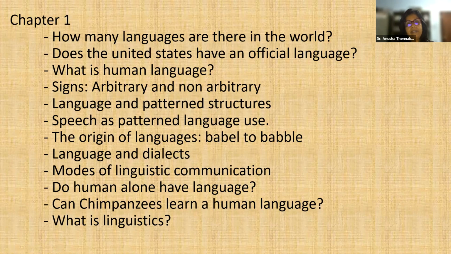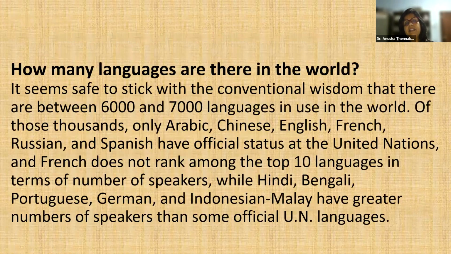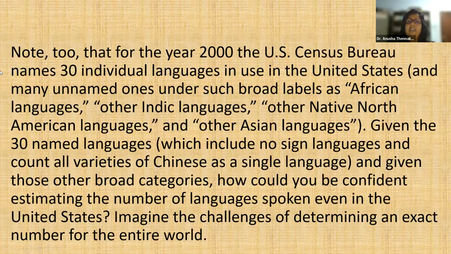I will show you what we did: how many languages are there in the world. Then we discussed there are nearly 6,000, 7,000 languages in the world. And when it comes to United States, they do not have a particular language as state language.